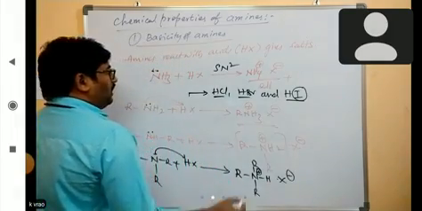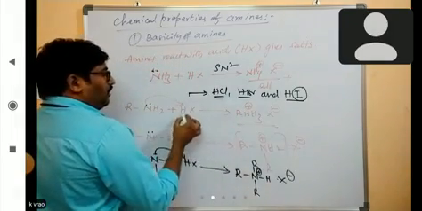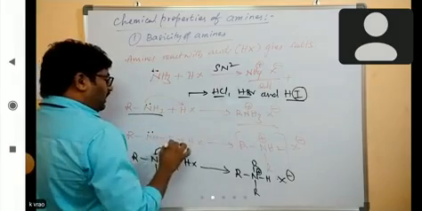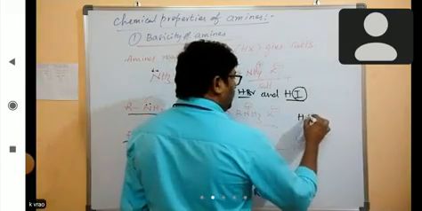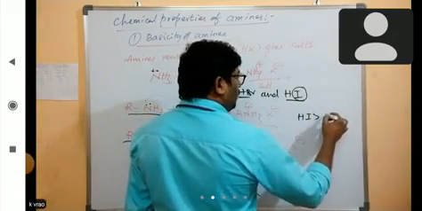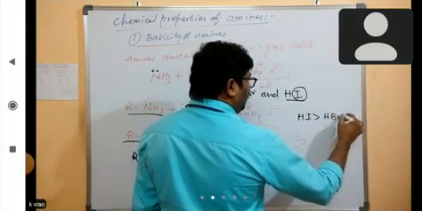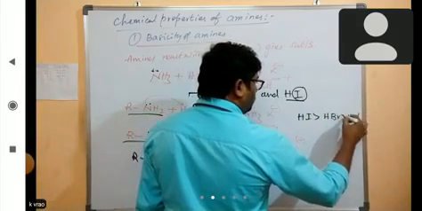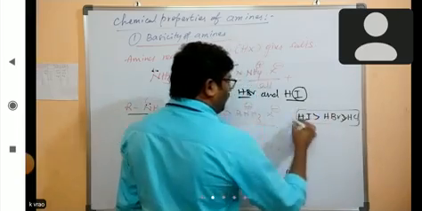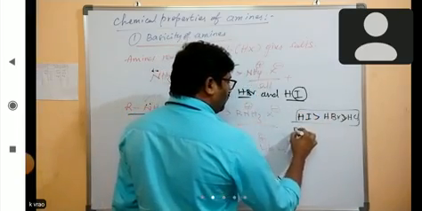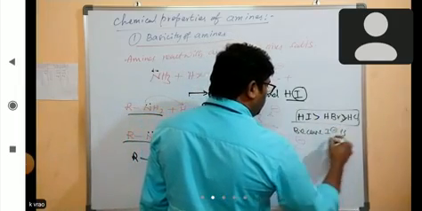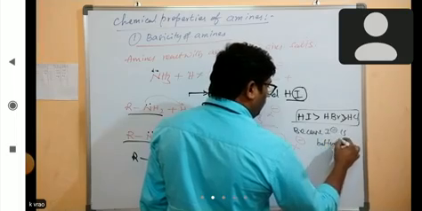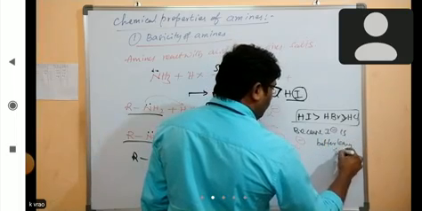That's why the reactivity of amines towards HX is HI greater than HBr, HBr greater than HCl, because I minus is a better leaving group.